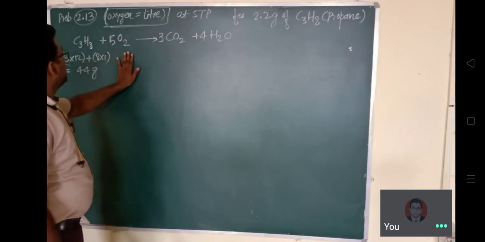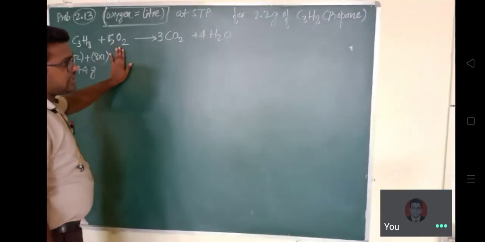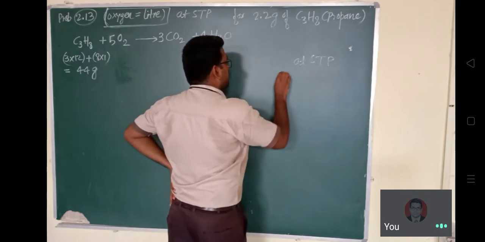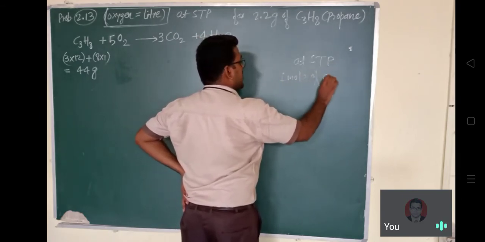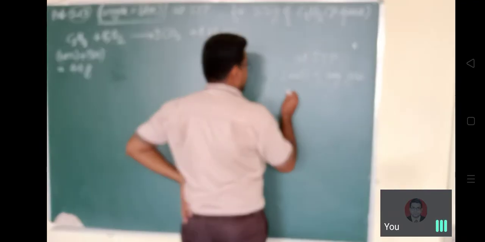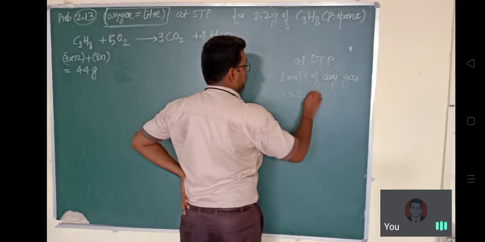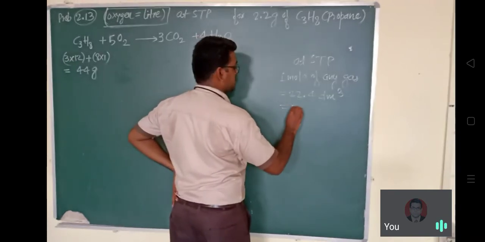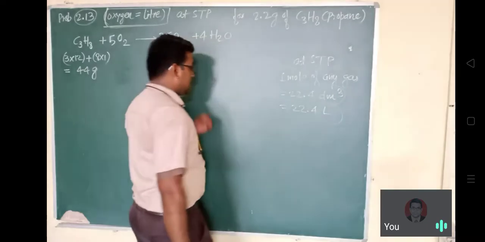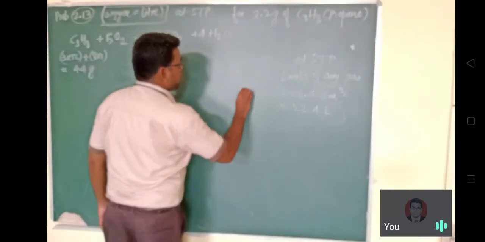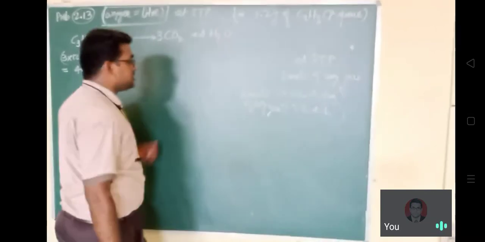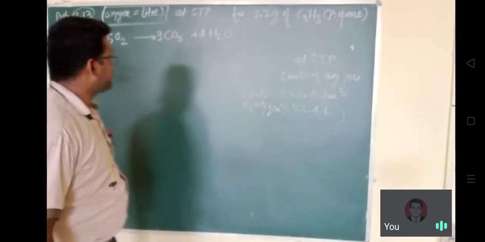We know that at STP, at standard temperature and pressure, 1 mole of any gas contains how much volume? 1 mole of any gas at STP equals 22.4 decimeter cube, and 1 decimeter cube is nothing but a liter, so 22.4 liters. So we can say that for 1 mole of oxygen, it will be 22.4 liters of volume.